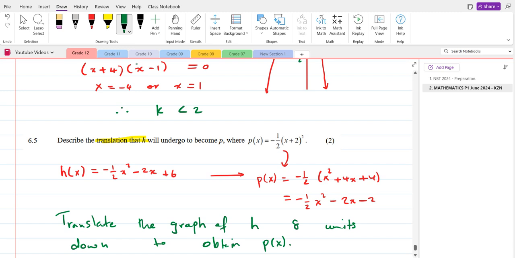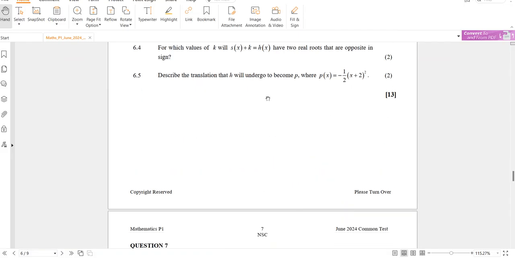Okay, so 8 units down, that's my answer. That's what you should be writing, 8 units down, because from plus 6 how you go to minus 2? We need to move the graph 8 units down. Another question, not difficult, a simple question that was.